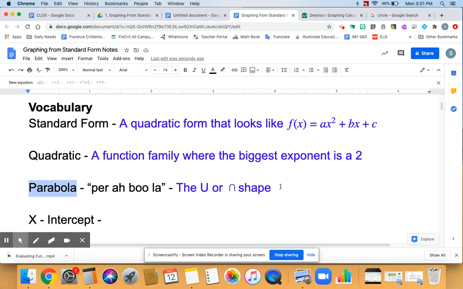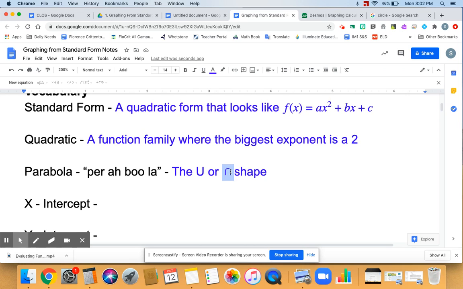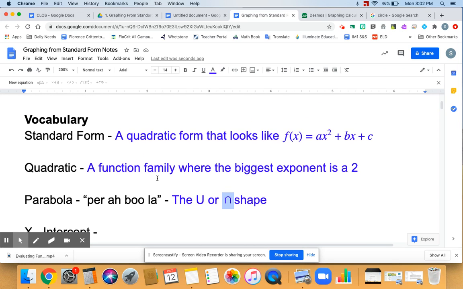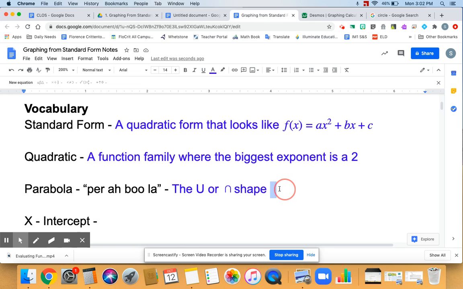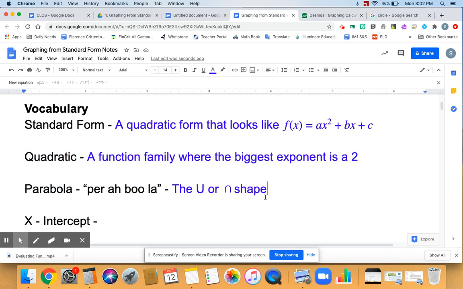It's shaped like a parabola. So every time you graph a quadratic, no matter what, it's always going to look like a parabola, one of these two shapes. So this is what we're working with: quadratics, which are parabolas in standard form.